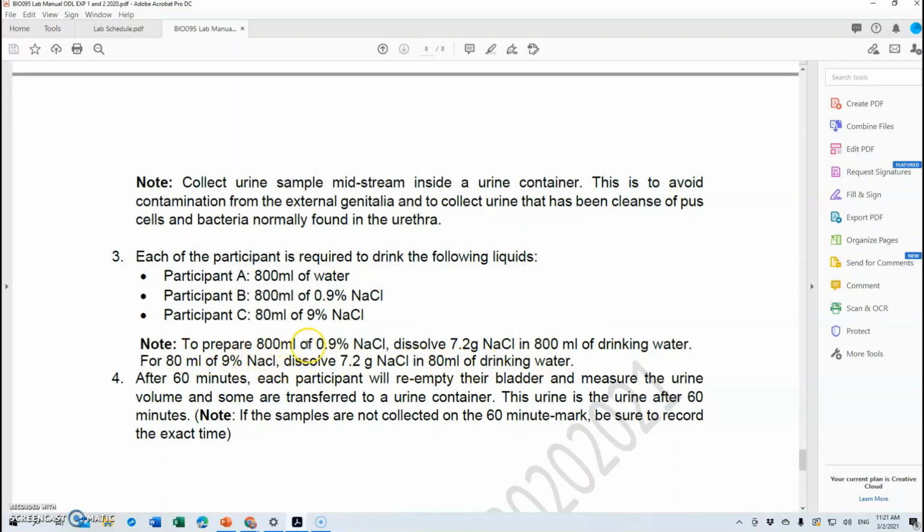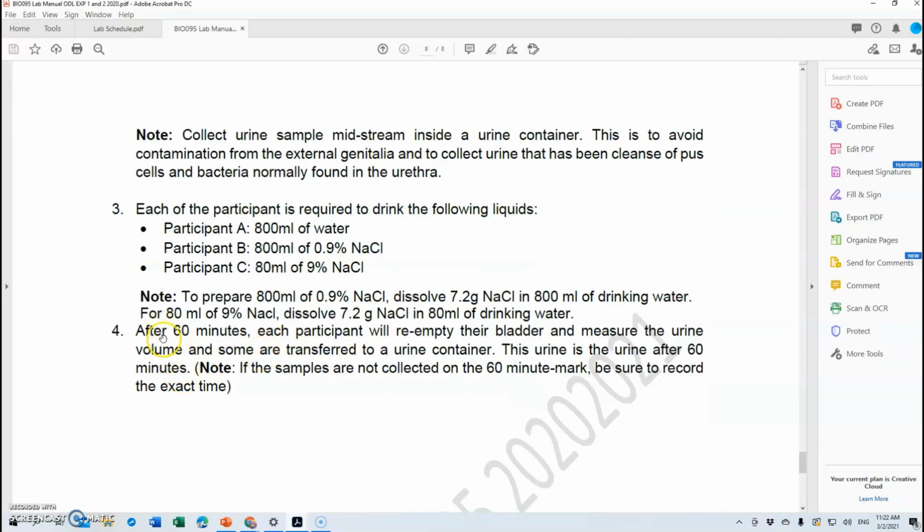For 800 ml of 0.9% sodium chloride, dissolve 7.2 gram of salt in 800 ml of drinking water. For 80 ml of 9% salt solution, dissolve 7.2 gram of salt in 80 ml of drinking water. This is how you prepare the 2 salt solutions.